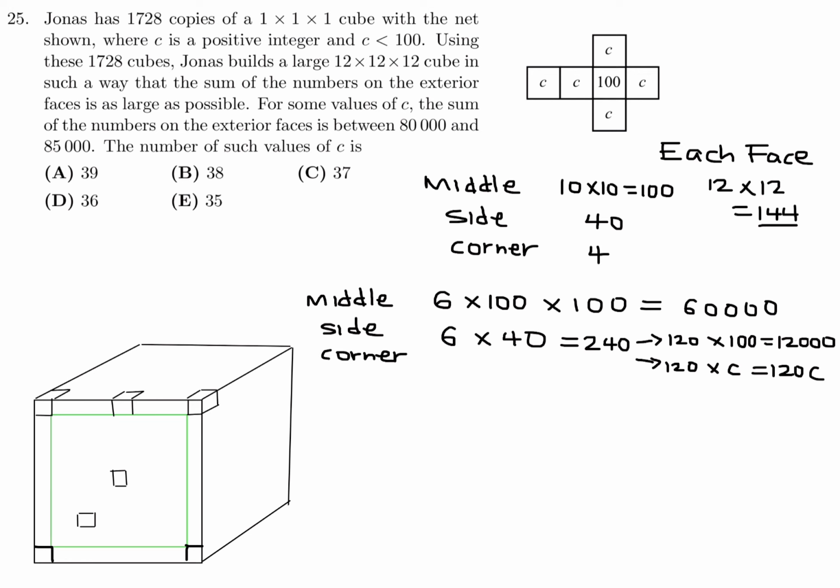Now the corners. First, we got to multiply it by 6. Gives me 24. Correct? But the corners, there's 3 faces showing. 1, 2, 3. So the 24, I got to break it up into 8, 8, and 8, because I've got to look at it from the perspective of those 24 having to be divided into 3 sections.